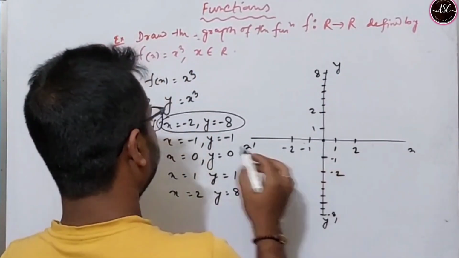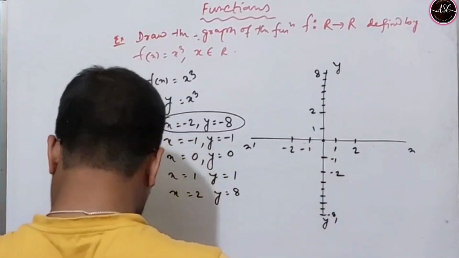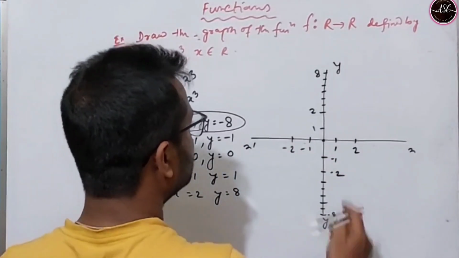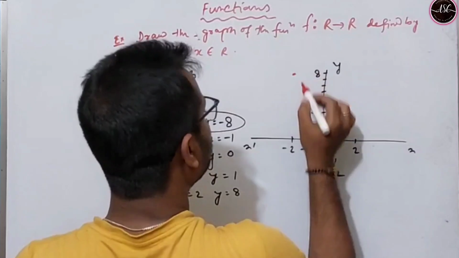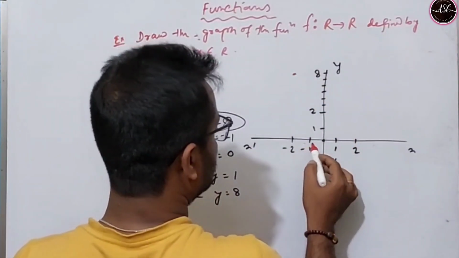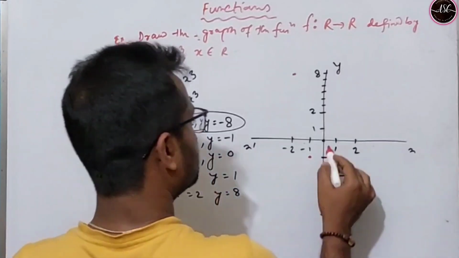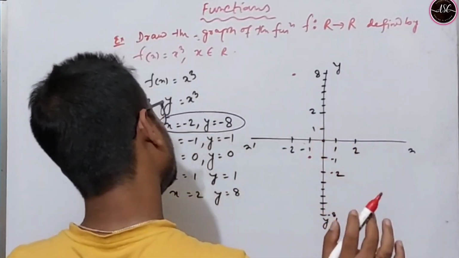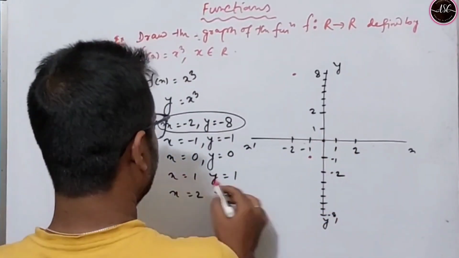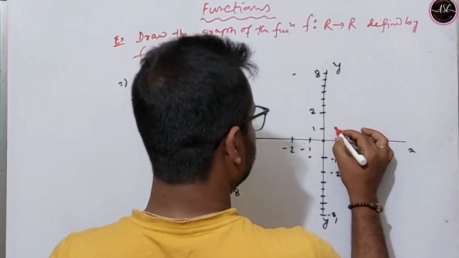So minus 2, minus 8 means from this to this point. Then minus 1, minus 1 is this. Then 0, 0 is this. Then 1, 1 is this point.